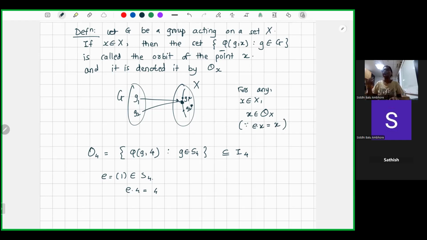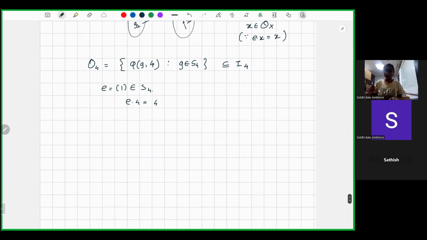Identity acting on any element fixes that element. Identity acting on an element gives the resultant element in X to be the same element X again. So E of 4 is 4, so 4 is in my O4.